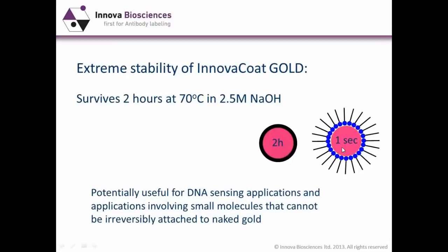It's instantaneous aggregation with this sort of treatment. So we have an extremely stable colloid when we've got the Innovacoat surface. So it's potentially useful for DNA sensing applications, which might be carried out at high temperature, and applications involving small molecules that cannot be irreversibly attached to naked gold.